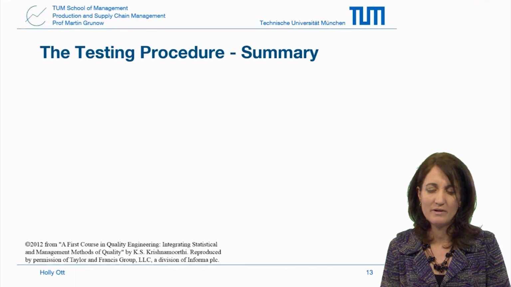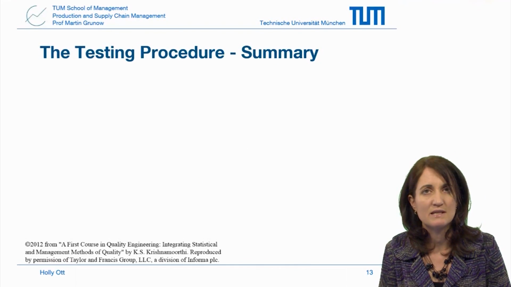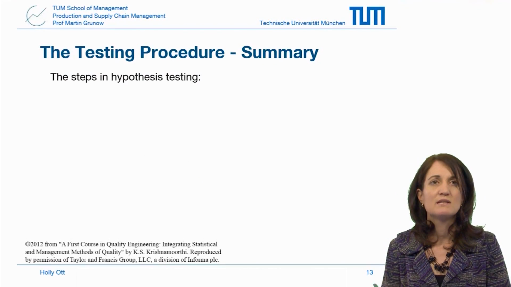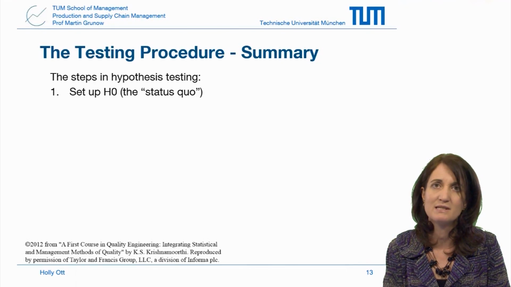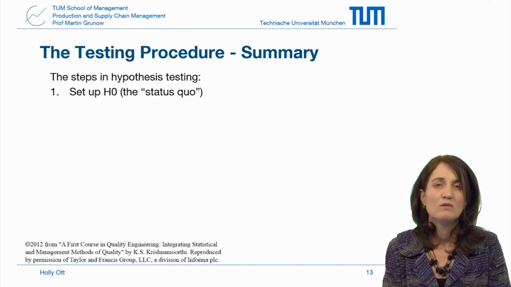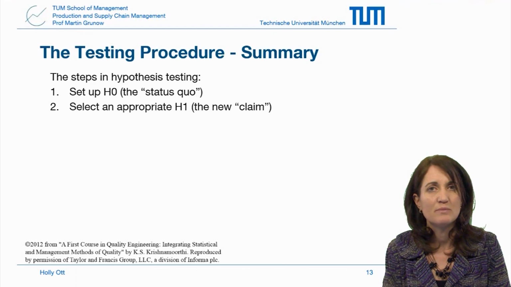So just to summarize the testing procedure, in hypothesis testing, the first thing you do is to set up the null hypothesis, or H0. This is the status quo. This is how things are running. We then select an appropriate alternative hypothesis, or H1.